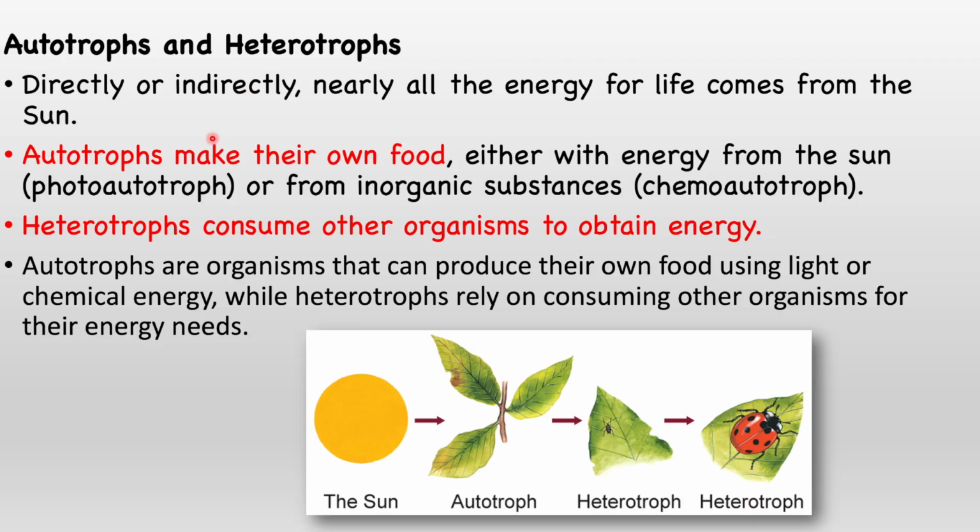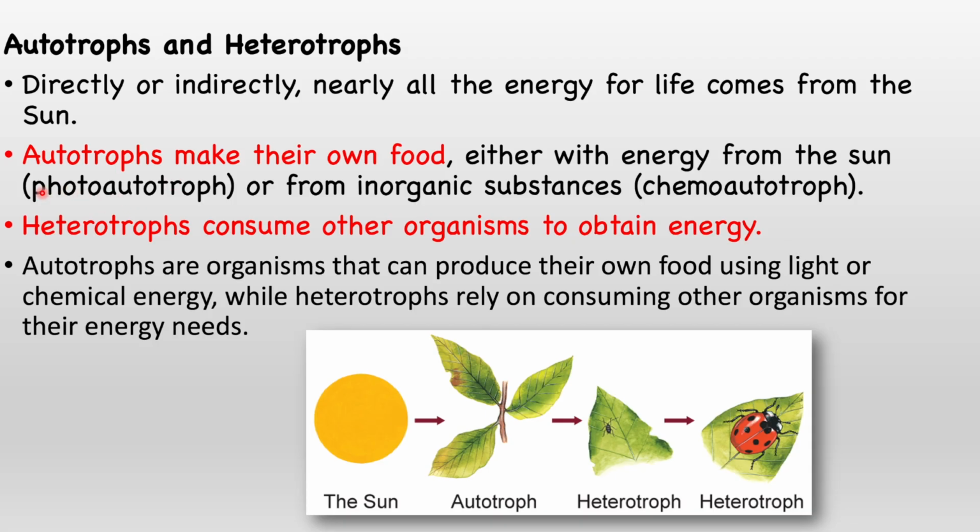Let's see the different types of autotrophs and heterotrophs. Here, for autotrophs, we have photoautotrophs. What does that mean? These organisms depend on photons, in brackets, let's talk about the light.